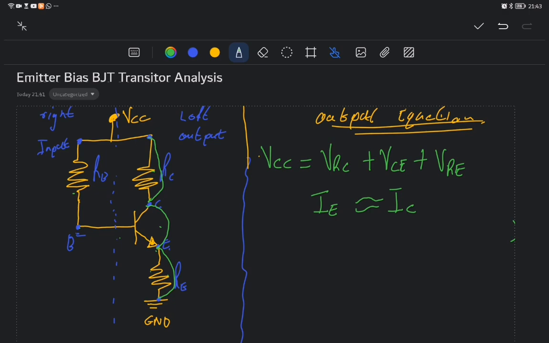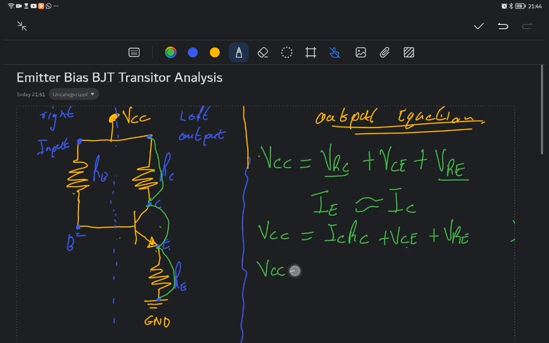So we're going to continue and expand this and this. Therefore VCC is equal to IC RC plus VCE plus VRE. Now let's take this onto the other side.